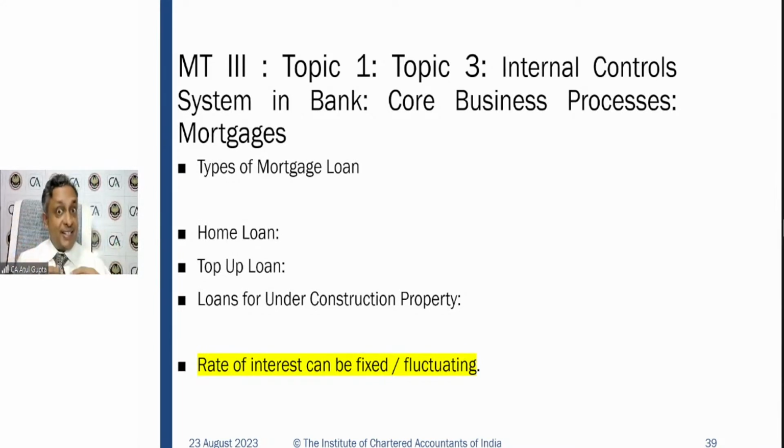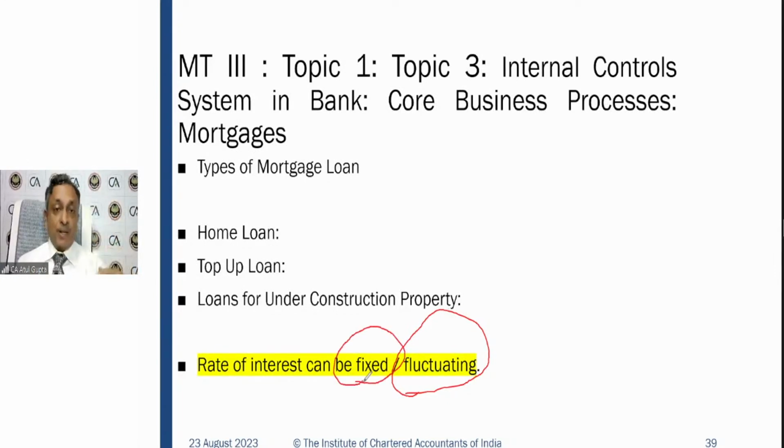So if the interest rate is increasing, I am a banker, the rate at which I borrow as a banker increases. So the rate at which I lend must also increase. If there is a correlation between the two, then I call my rate a fluctuating rate of interest. As a banker, I prefer fluctuating rate of interest because the higher I pay, the higher I charge. But there are products by the bank where the rate of interest is fixed.